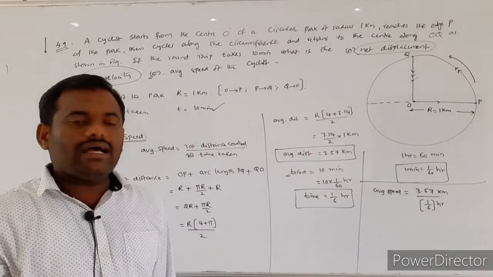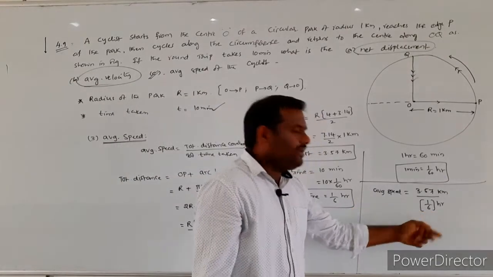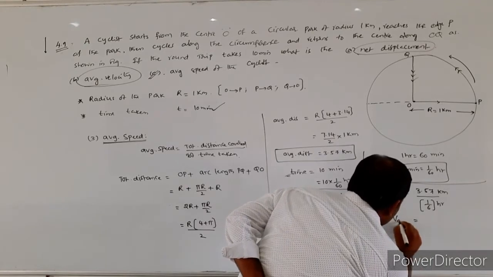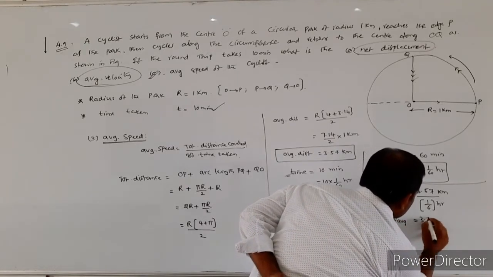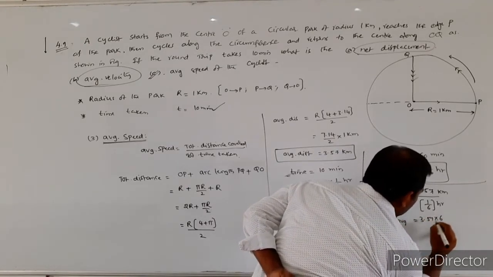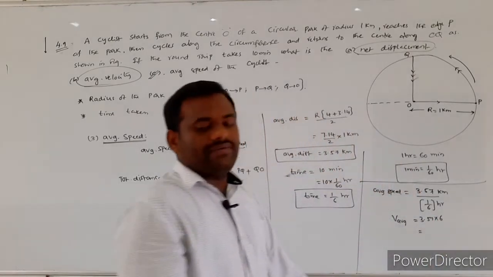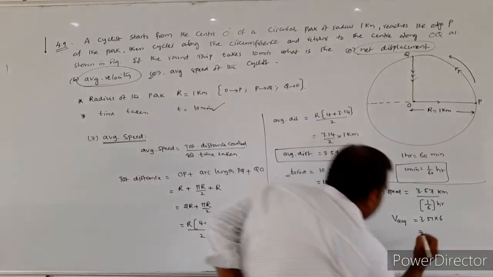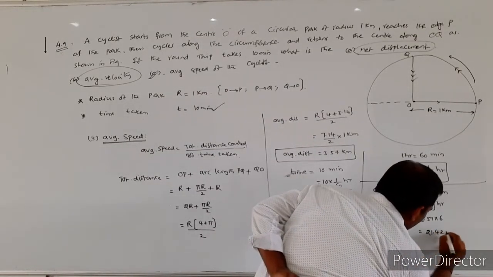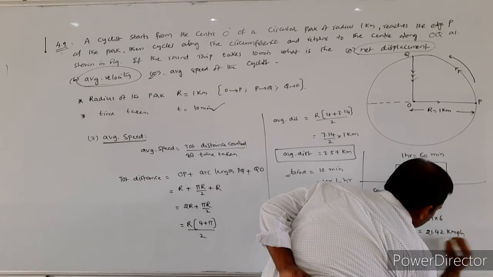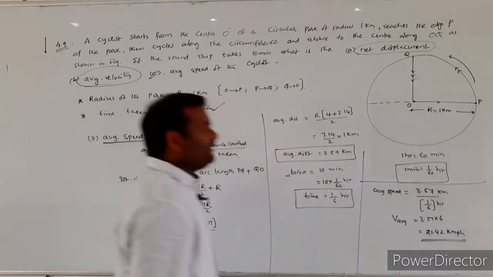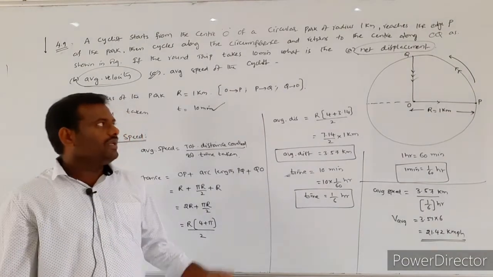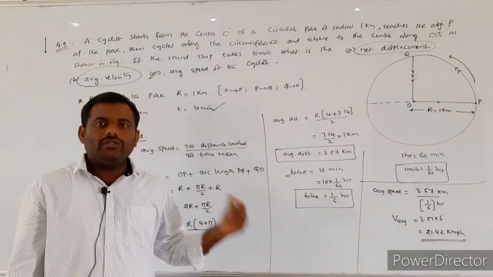The 6 goes into the numerator, so V average is equal to 3.57 into 6, which is 21.42 kilometers per hour. This is about the second numerical.